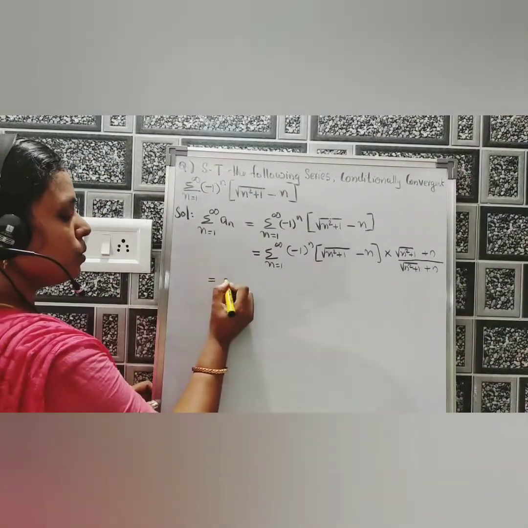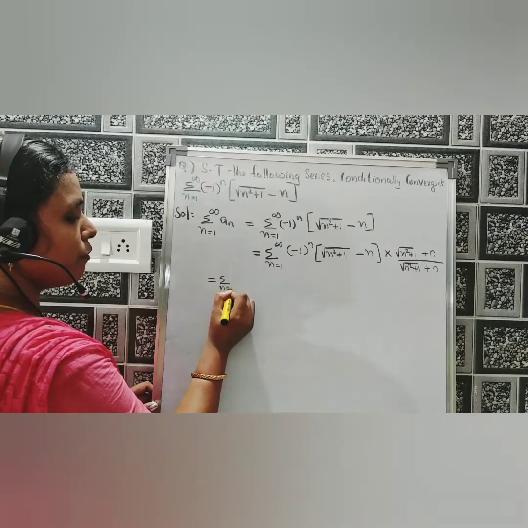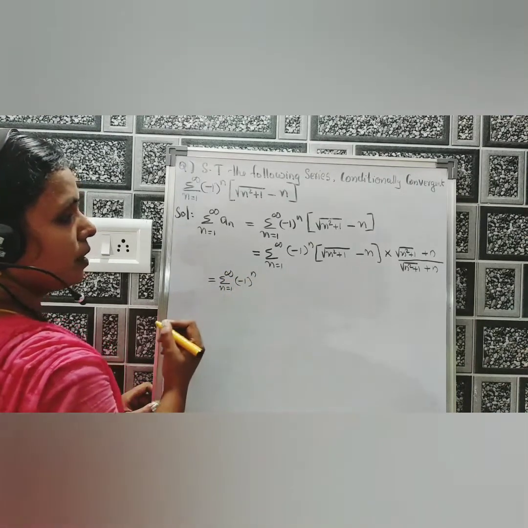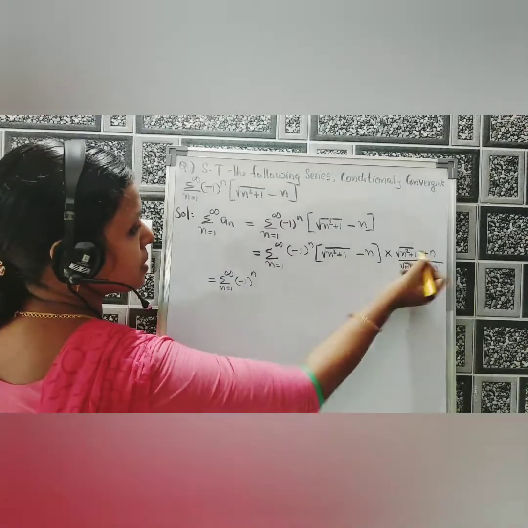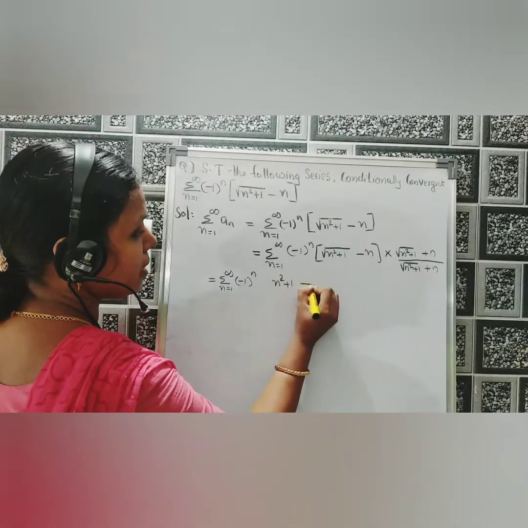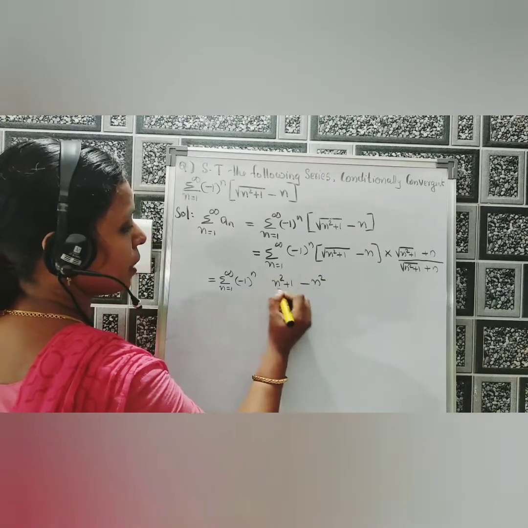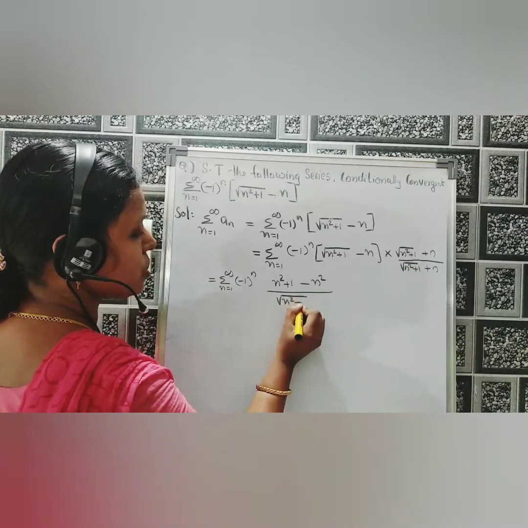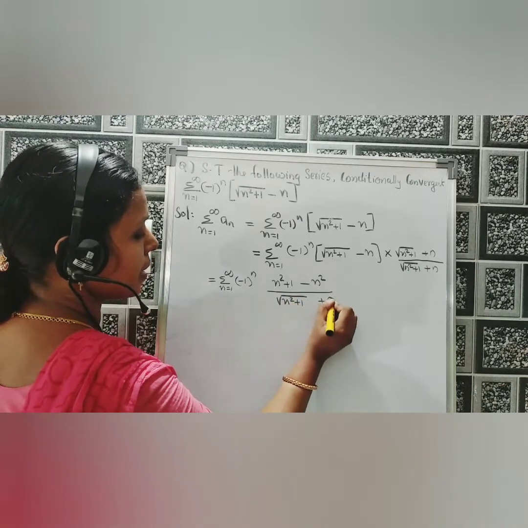That is equal to sigma n running from 1 to infinity negative 1 whole raised to n into n square plus 1 minus n square, divided by root of n square plus 1 plus n.